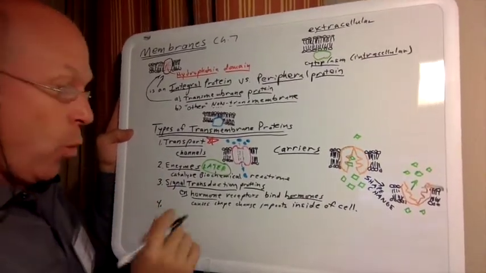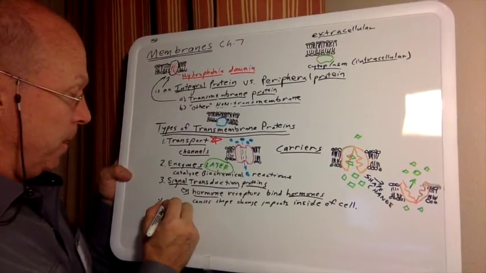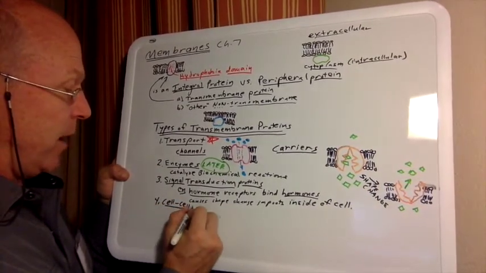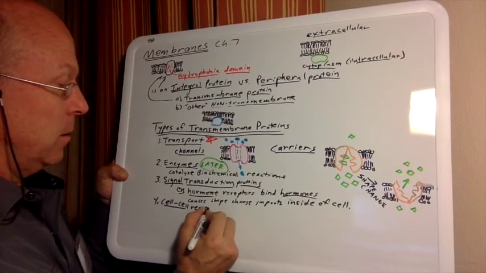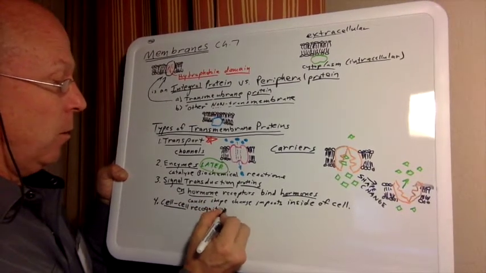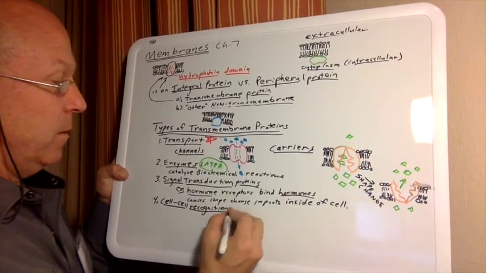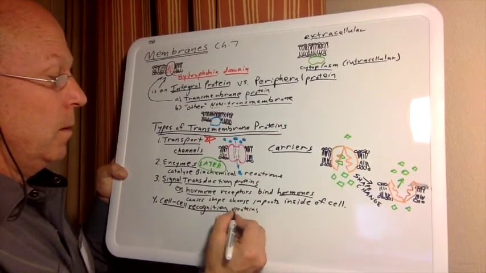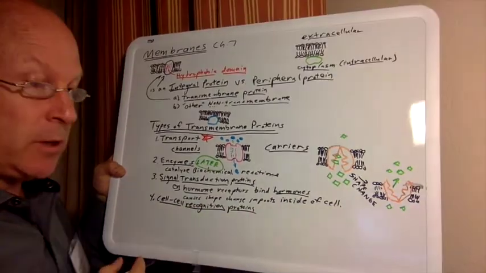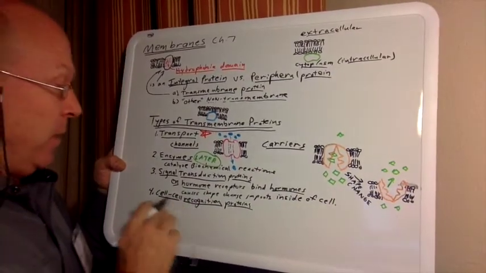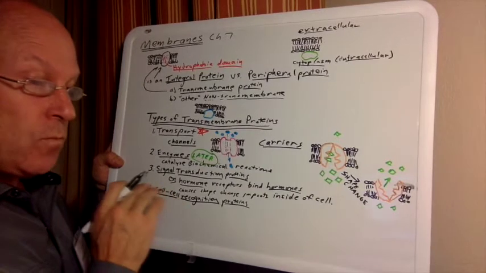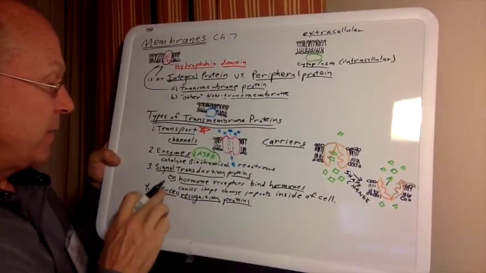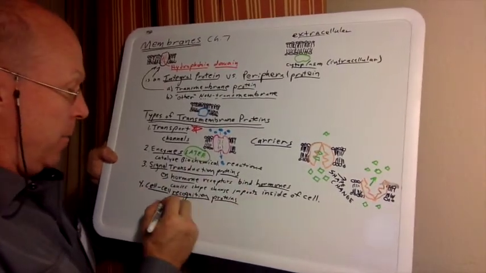Okay, now 4 and 5 are really important. Cell to cell recognition proteins. So that's the next kind of transmembrane protein. And these are often important for one type of cell to recognize another type of cell.